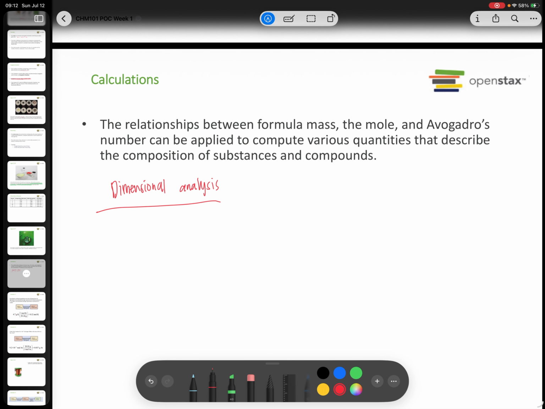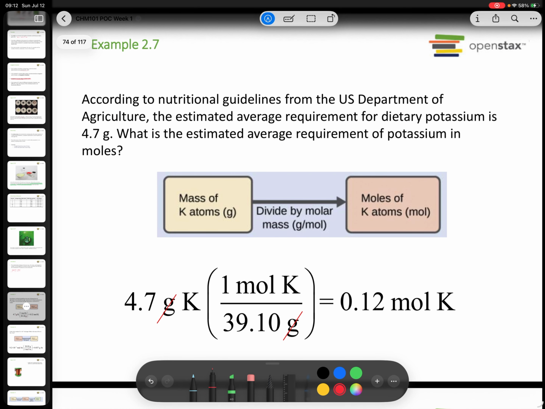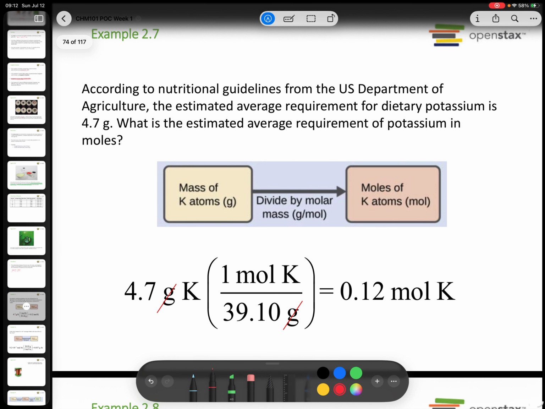So, mamaya pakita na sa inyo. Magka-cancel tayo ng mga units and we end up with the required unit. So, if we know grams, we can find moles. If we know moles, we can find grams, and the other way around. So, if we know moles, we can find number of atoms or molecules using yung Avogadro's number. Okay? Yan.